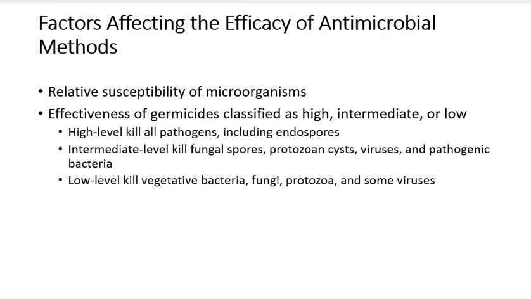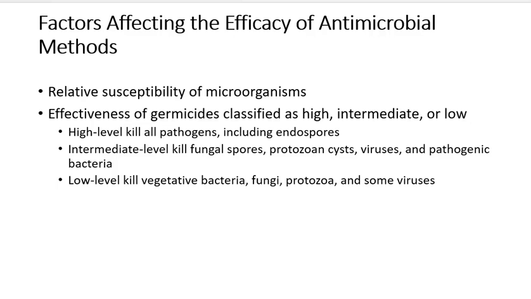Your low levels will kill those organisms at the bottom of the list. The intermediate ones will kill the middle of the list. And the high levels will kill all the pathogens, including the endospores, but not the prions, unless you incinerate them.